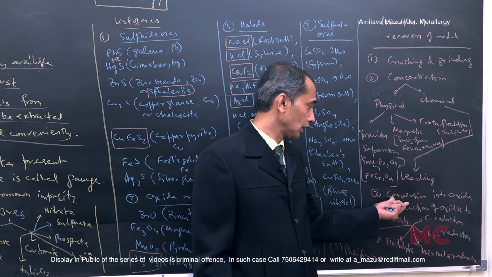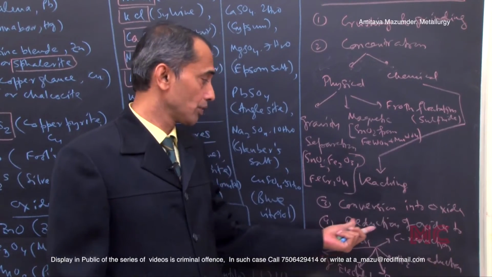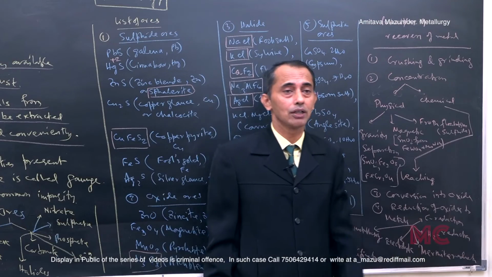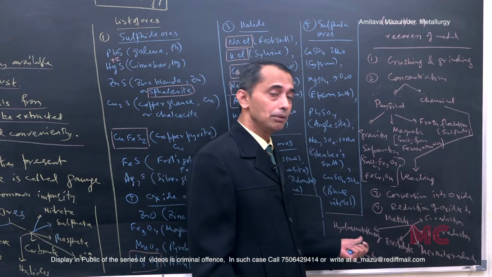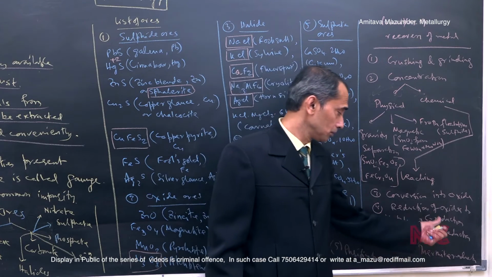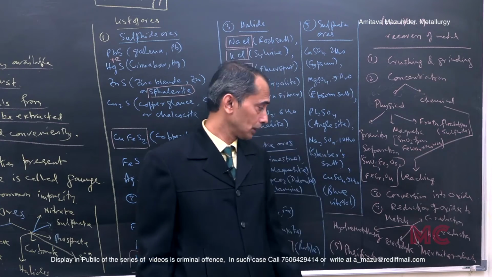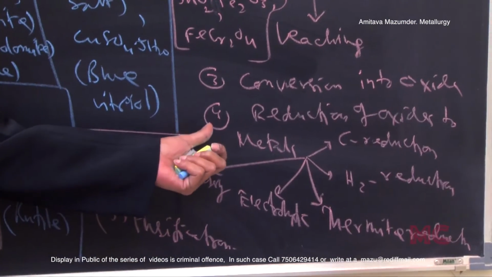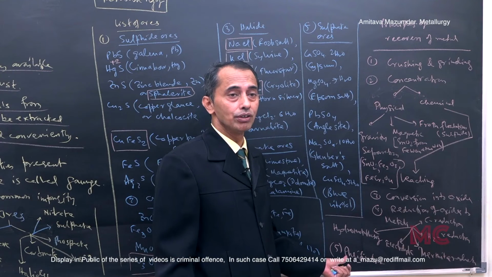And next is conversion of this concentrate into oxide, and then we go to the reduction of oxides. It can be hydrogen reduction, carbon reduction, electrolytic reduction, or hydrometallurgical too. So these many reductions we generally carry out for the fourth step, where reduction of oxides takes place.